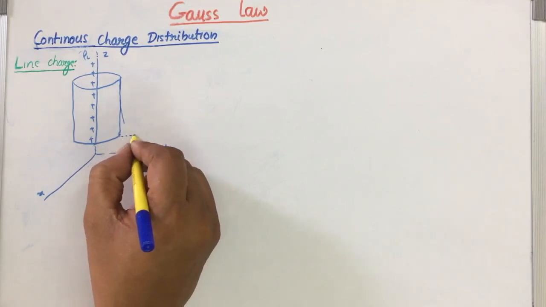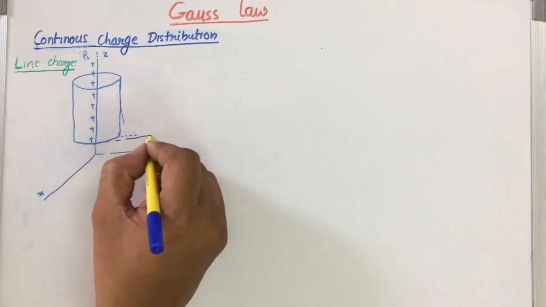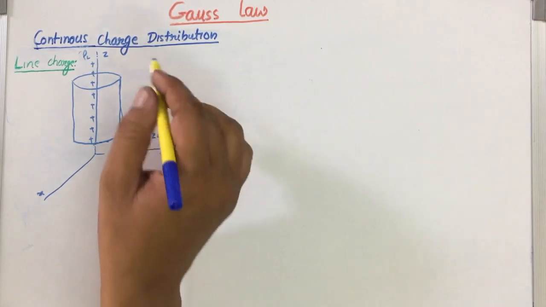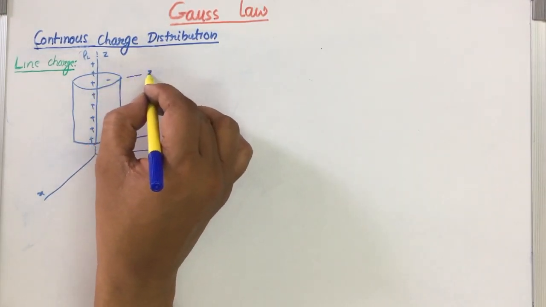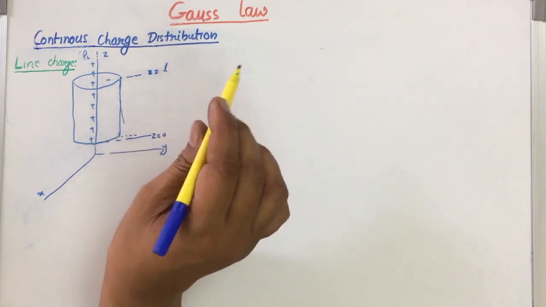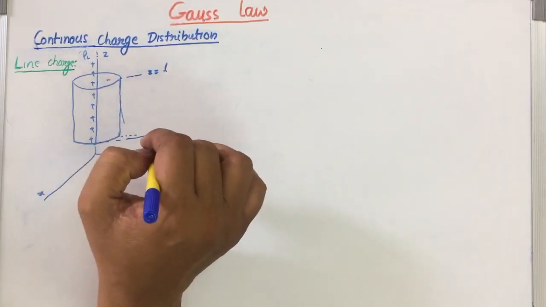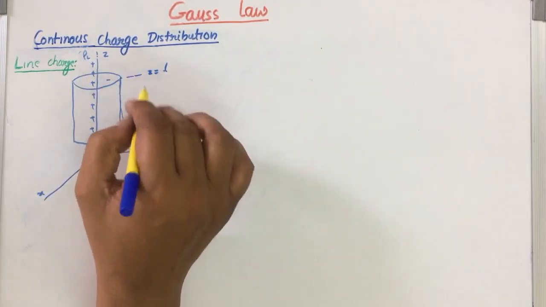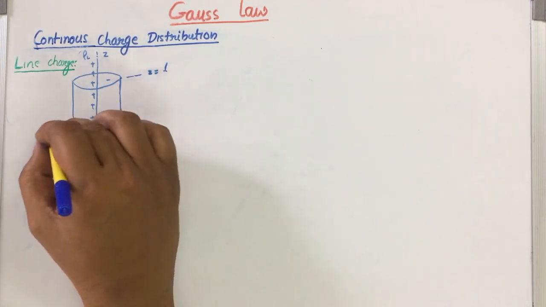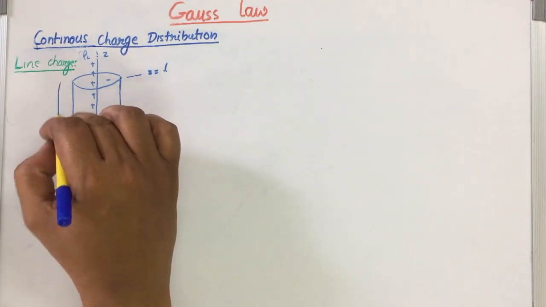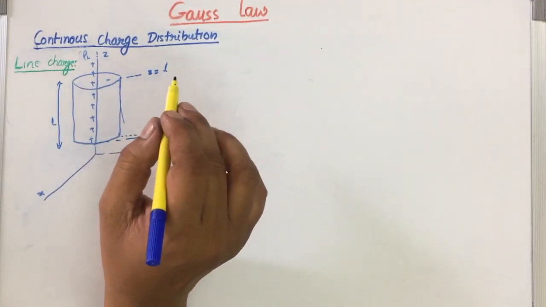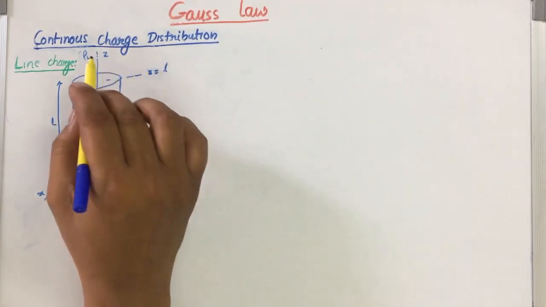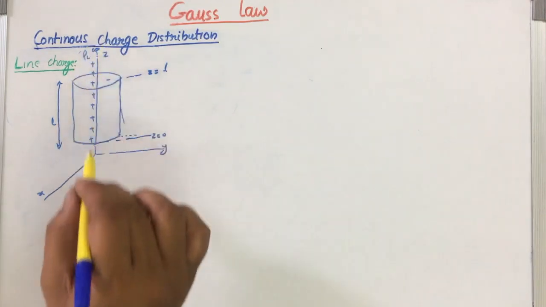Consider the case Z is equal to 0 and Z is equal to L. The Gaussian surface is of length L, and the line charge is of infinite length.